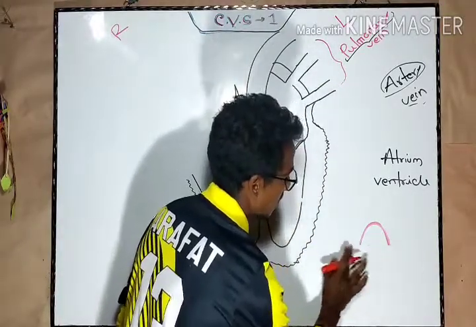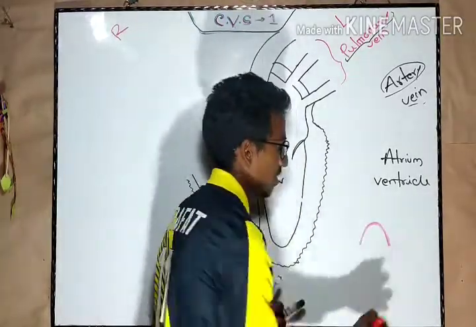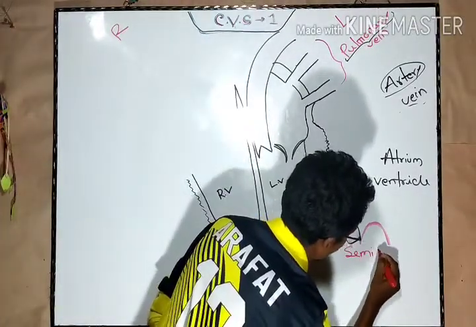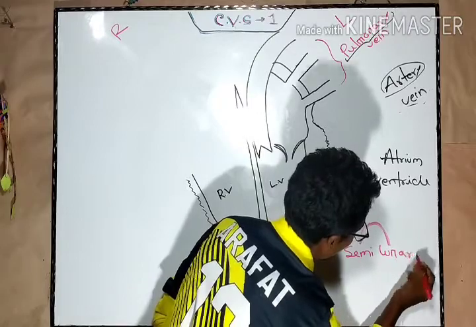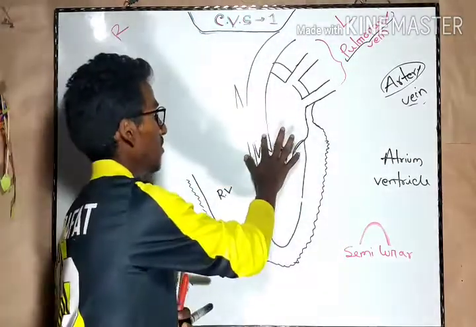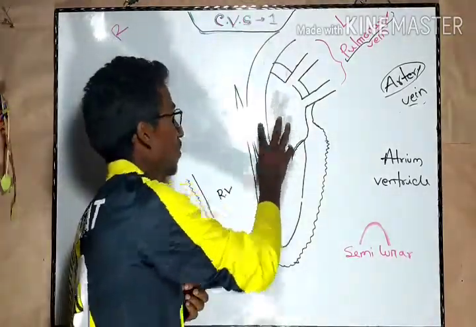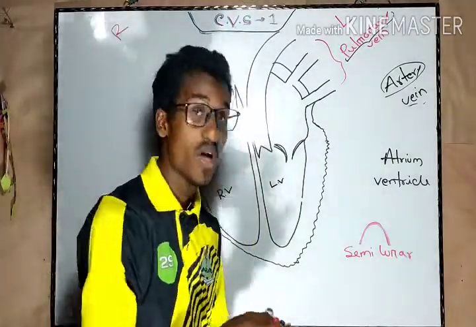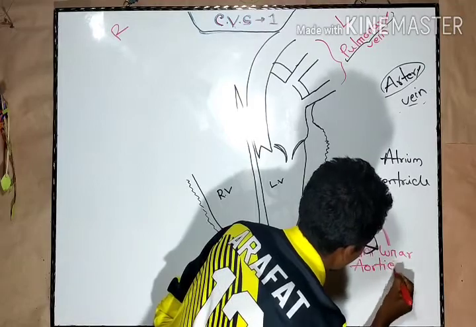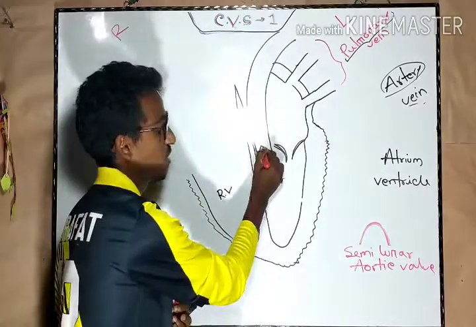This type, semi-moon, looks like that, and this is called the semilunar valve. Because it goes to the aorta, this is also called the aortic valve. This is the aortic valve.